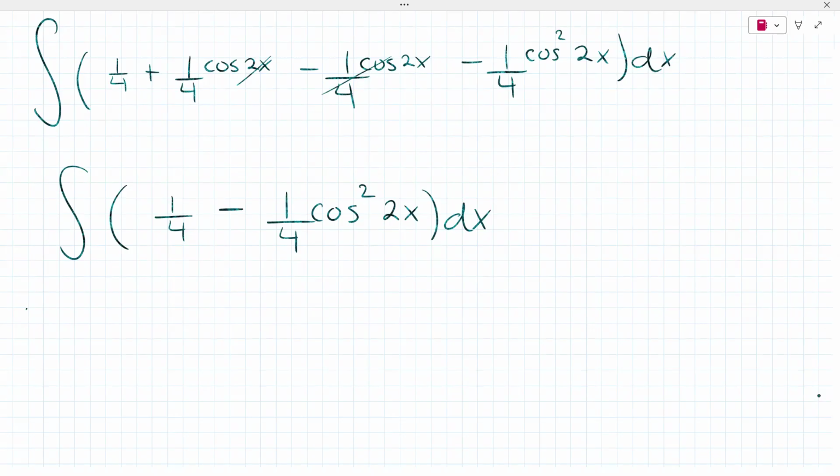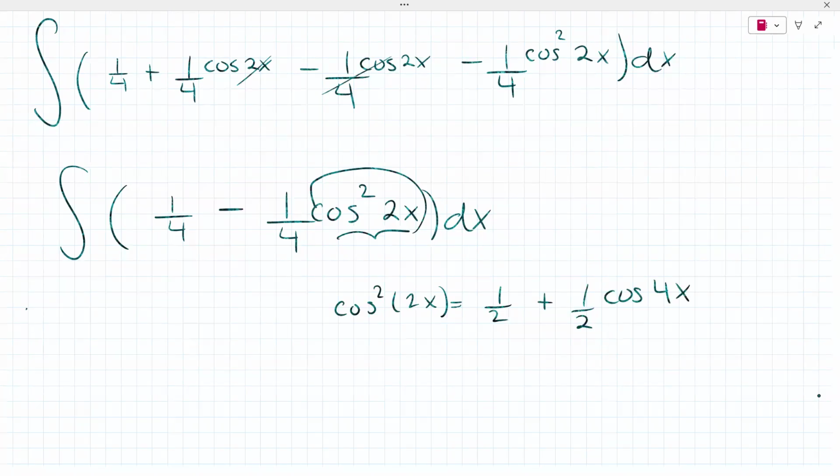And I see that we have a cosine square of 2x. That's also an identity right here. Cosine square of 2x is equal to 1/2 plus 1/2 cosine of 4x.